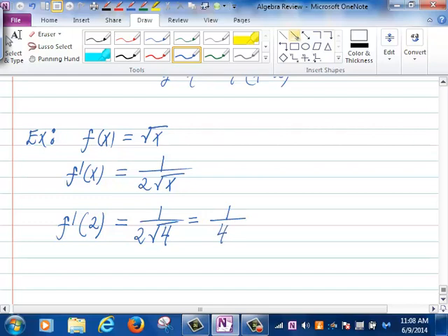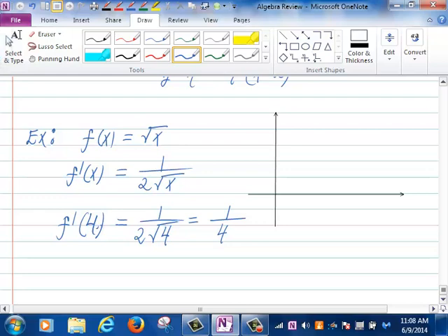Now, what's the graph of this function? I mean to find the derivative at 4, okay? Derivative at 4 would be 1 over 2 times root of 4, which would be 1/4.